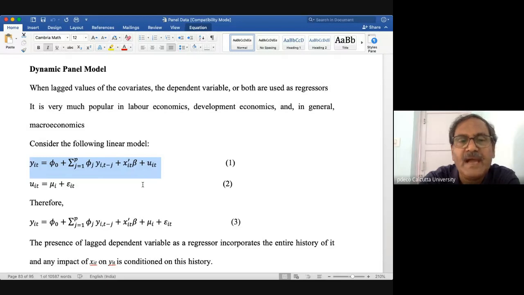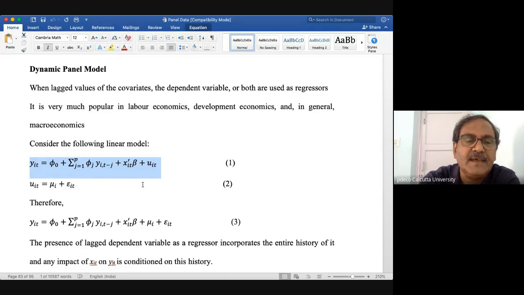And u_it, the random error, is decomposed by following the conventional rule. If we are considering one-way error component, so u_it is equal to mu_i plus epsilon_it. Mu_i, all of you know, is the cross-section specific heterogeneity. Epsilon_it is, as usual, the random error with zero mean and constant variance.